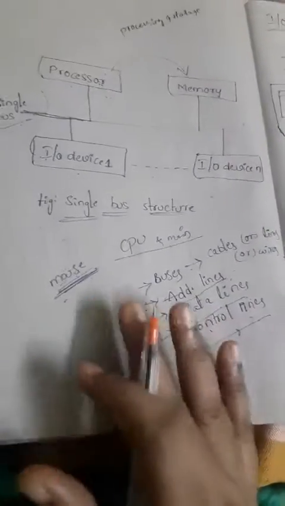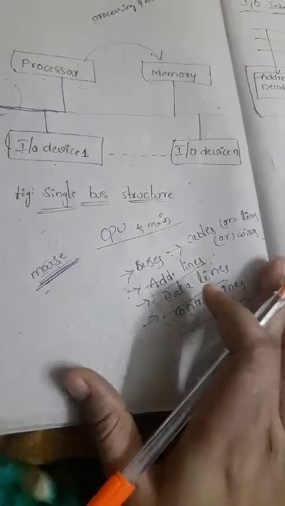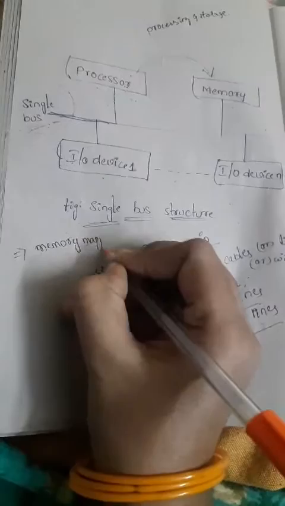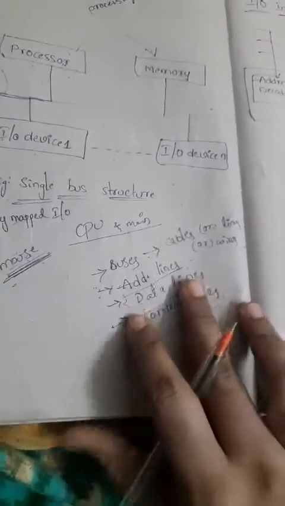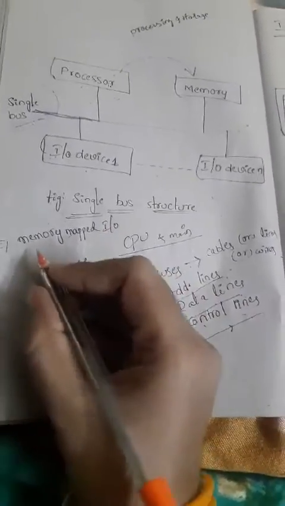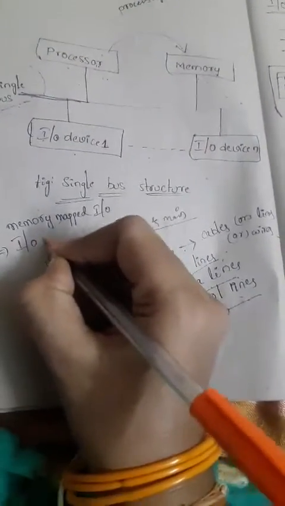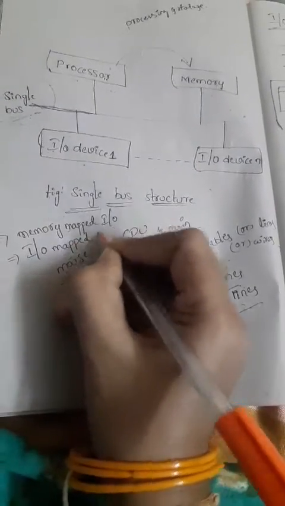Okay, so IO devices and main memory share the same address space, and this is available in 2 categories. One is memory mapped IO and another one is IO mapped IO.